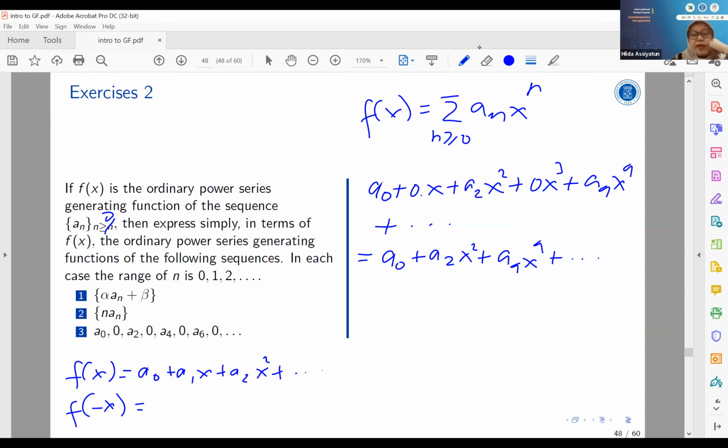That should be a0 minus a1 x plus a2 x squared, and the next one minus a3 x cubed. Is it right?